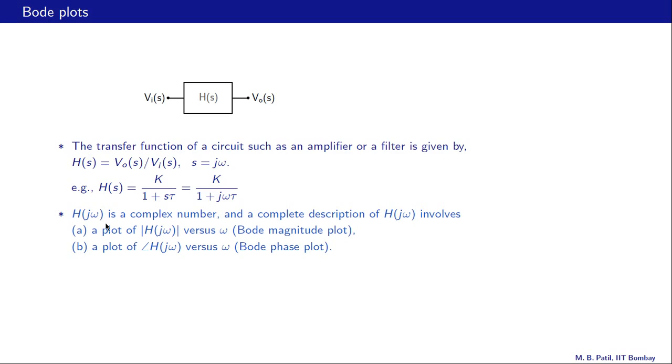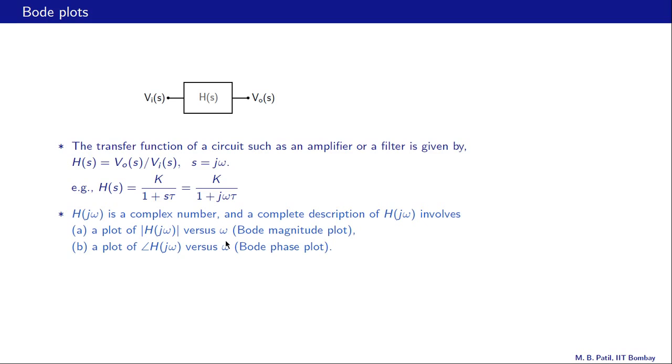Now h of j omega is a complex number as shown in this example, and a complete description of h of j omega therefore will involve two plots. One is a plot of magnitude of h of j omega versus omega, and second a plot of the phase of h of j omega versus omega.